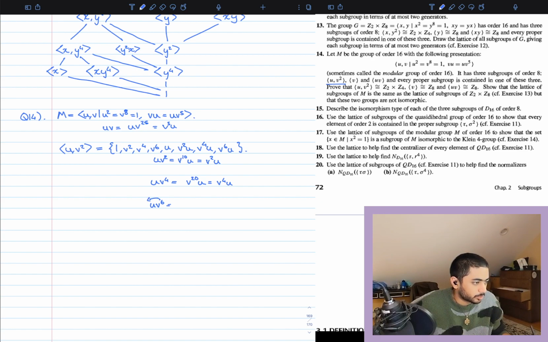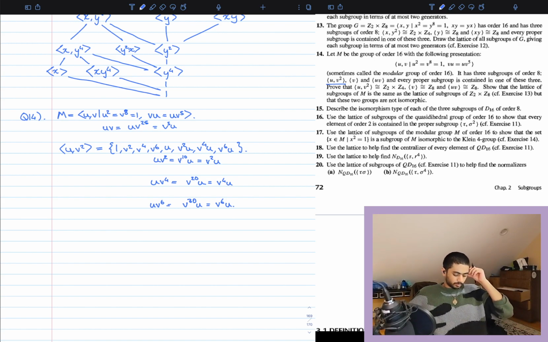So this time when we swap, it turns into v raised to the 30 times u. What's happening here? Right, and v to the 30 mod 8 is v to the 6u. There we go.